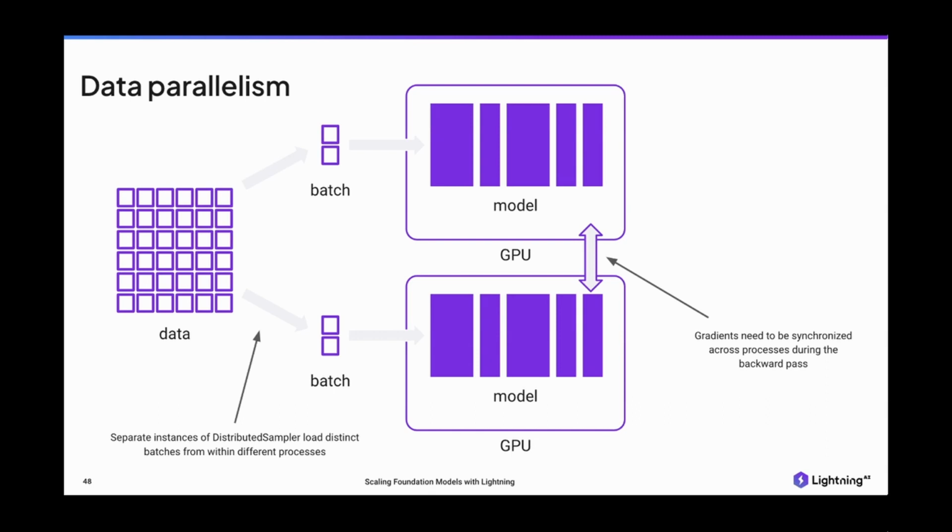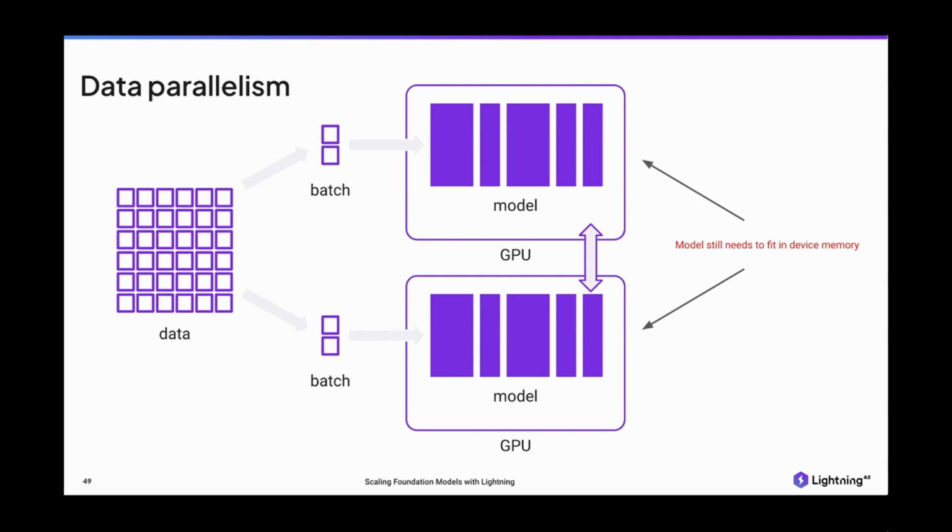So the two models are completely independent. They run on different data, but when it's time to apply the gradients to do the optimizer step, then the gradients are synchronized. So you make sure that the gradients that each model sees are the same, so the two sets of parameters can evolve together.